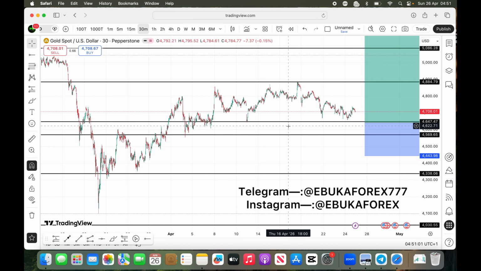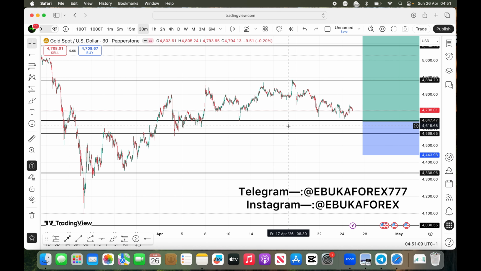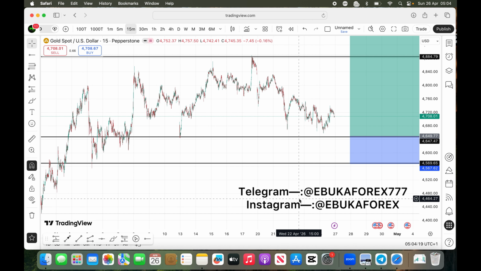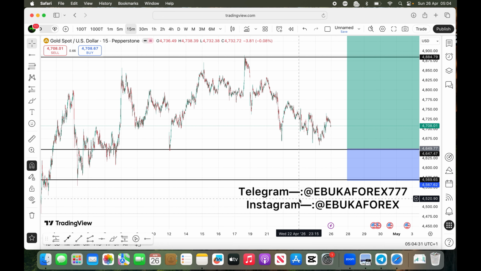The market belongs to the areas of liquidity or inefficiency, just like your relative equal highs and lows in the market. So guys, it is very, very important. I just use this Pepperstone to show you all as an example. So guys, when you dive down to the lower time frame, you need to see how the price reaction takes place.